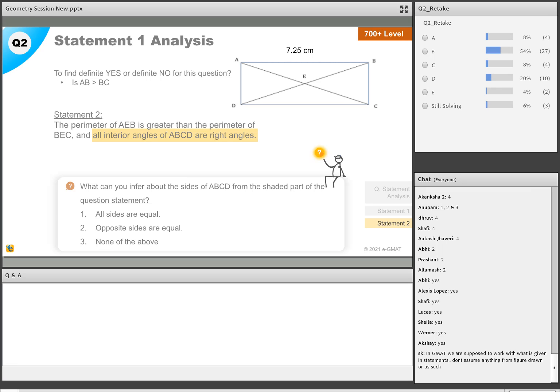The second statement tells me that the perimeter of AEB is greater than the perimeter of BEC, and all interior angles of ABCD are right angles. So what can you infer from the statement? Out of these three options that you can see on screen, what can you infer?